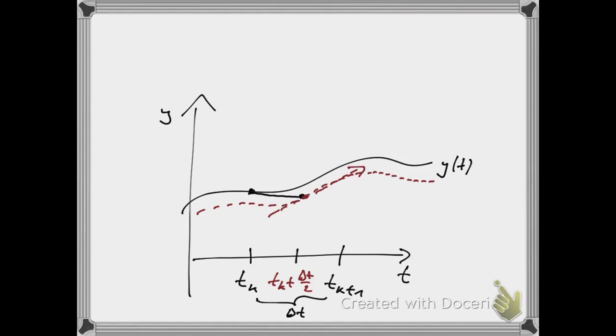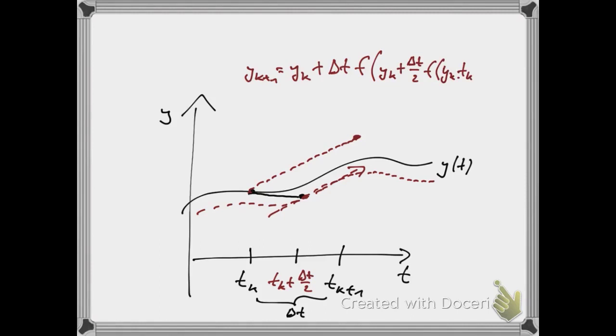And now shifting this slope, I take this slope and I shift this and go from the original point tk with this new slope the full step here. And I end up with an approximation which is yk plus 1, yk plus delta t, the slope at this intermediate point that I computed with the Euler method, and at the time step tk plus delta t half, if the function depends explicitly on t.